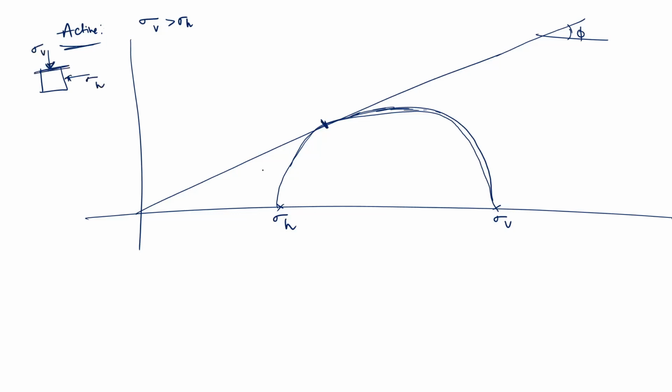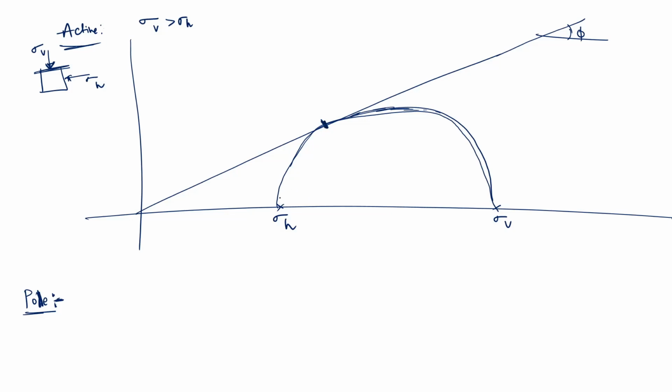So first there is a concept of pole. If you don't know it, you can go through any YouTube videos, but still I will explain roughly here. Pole is something which is used to find out the angle of the failure planes or the angle of any plane actually. Suppose, see, this is the failure point because the Mohr circle is touching the failure envelope. So this is the point which is representing the failure plane.